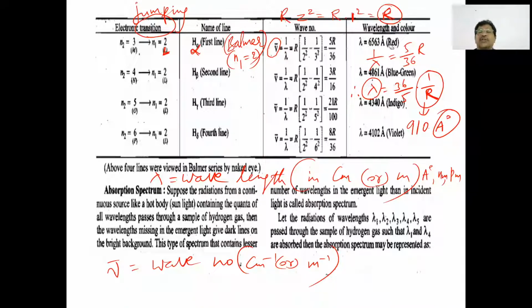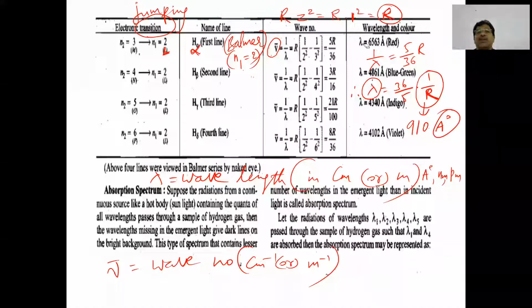In VIBGYOR, violet, indigo, blue, green, yellow, orange, red. So red color has this wavelength range. That's why the first line, the alpha line of Balmer series of hydrogen atom, appears in red color, because this wavelength is near to the red.